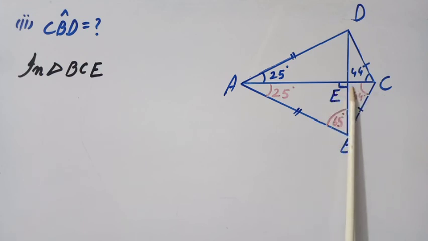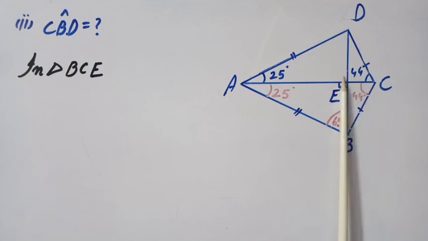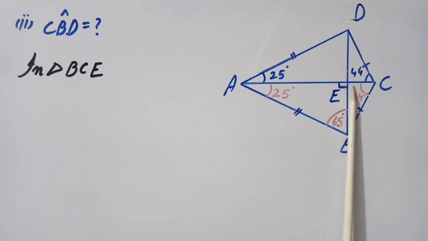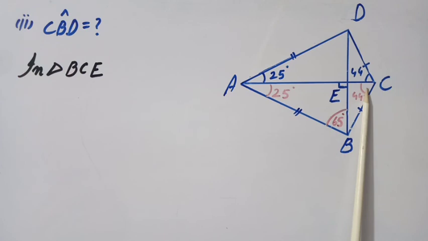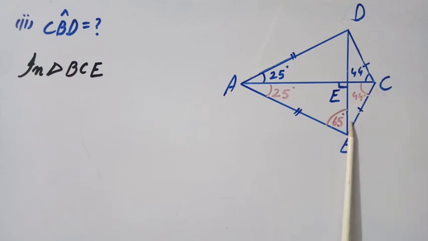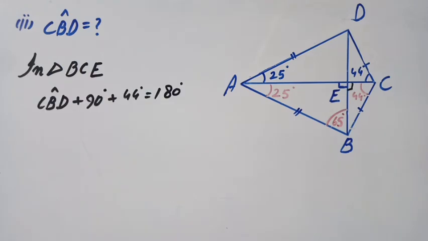This angle is obviously the right angle. This is the point of intersection of the two diagonals in the kite. At this point, all these angles separately are of 90 degree. So this is also of 90 degree. This is a known angle. We can easily find out this much, right? So now solve it algebraically.